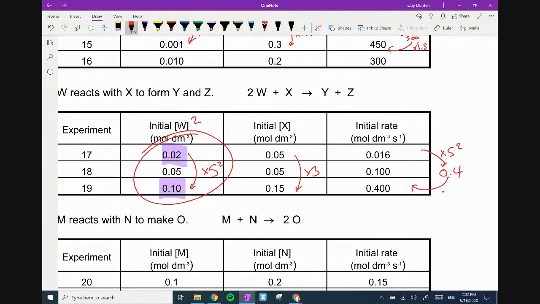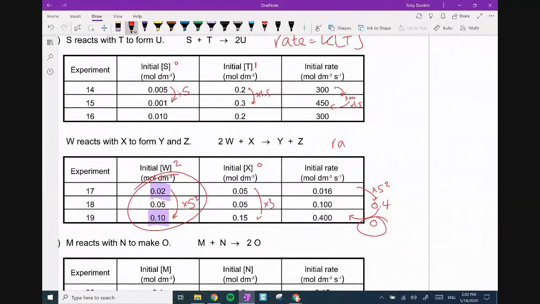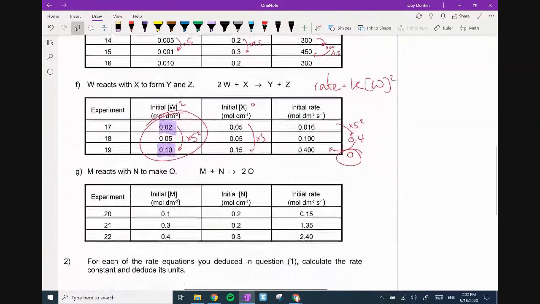Ah, there we go. 0 change. That went up by times 3, but it had no impact. X is 0 order. So the rate equals k W to the power 2. Done. Nice. But do you see how I am as fallible as the next person.